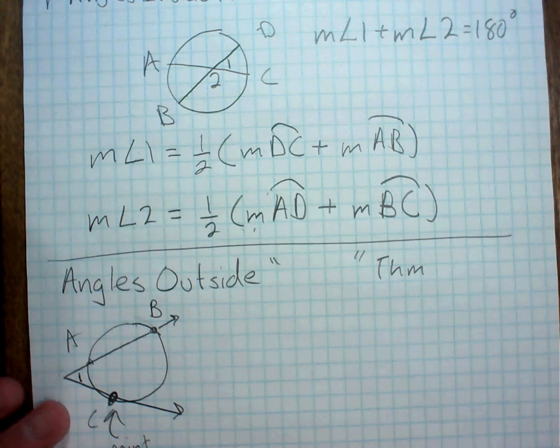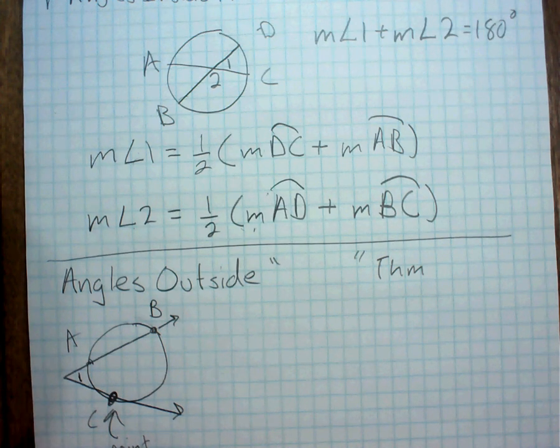Well, for this particular scenario, we say that the measure of angle 1 is equal to 1/2 times the measure of arc BC minus the measure of arc AC.